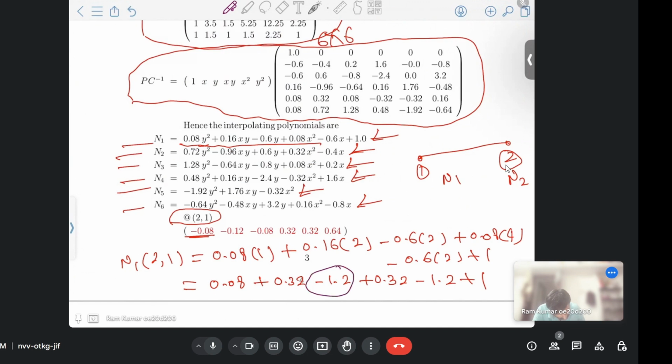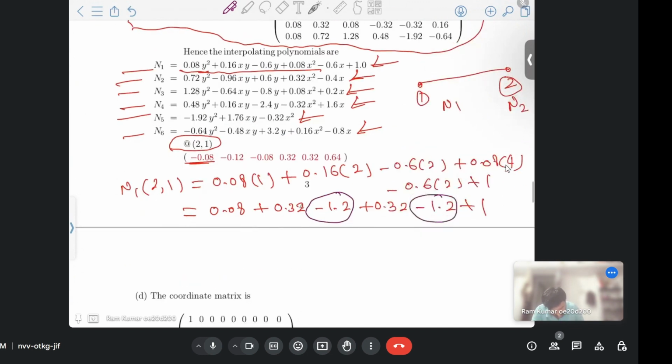Then let's add these two. This will be 0.4 minus 2.4 plus 1.32. Then minus 2 plus 1.32, this will be 0.68.